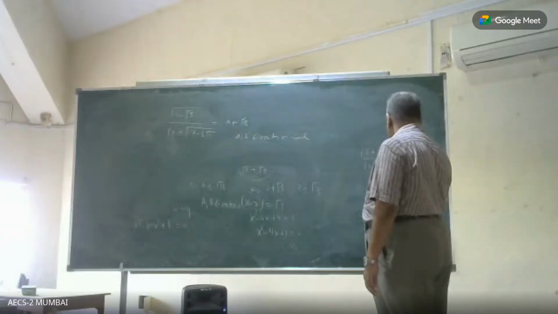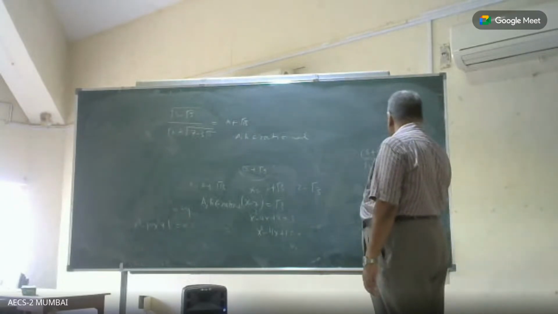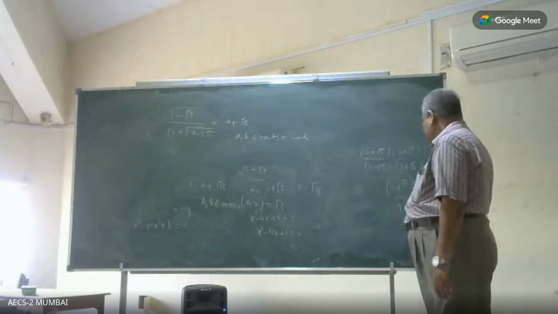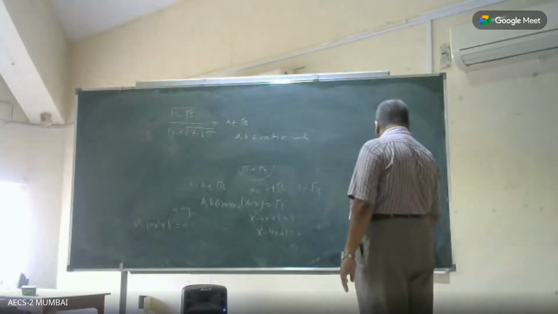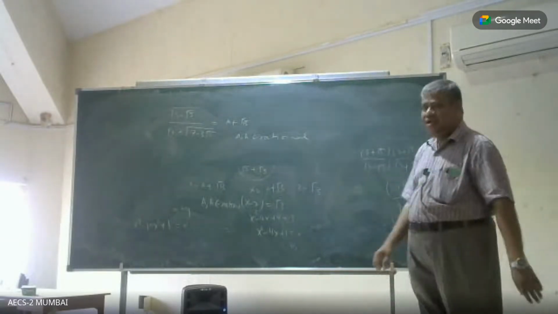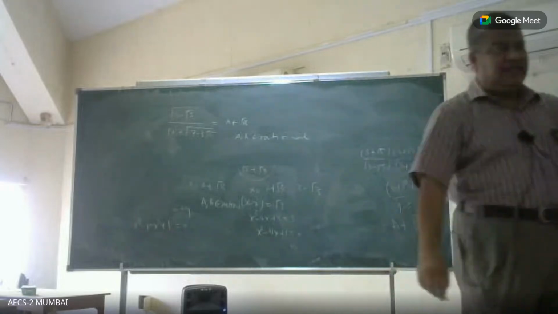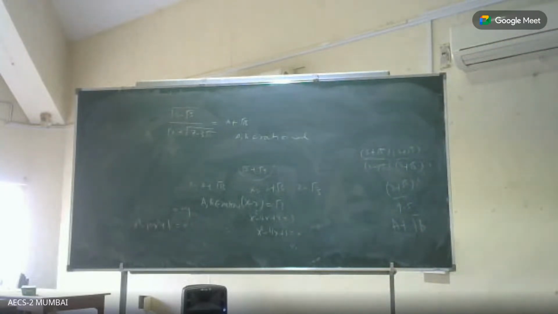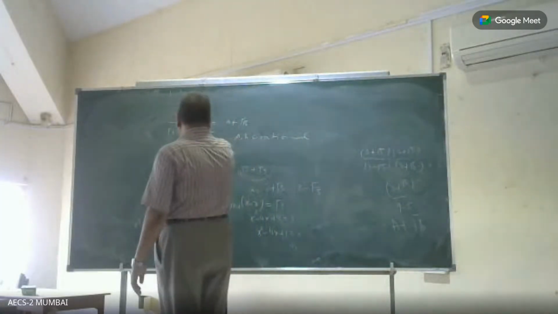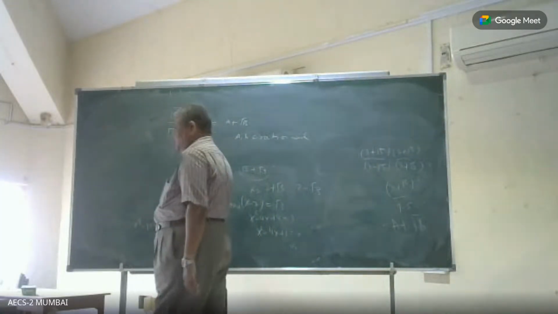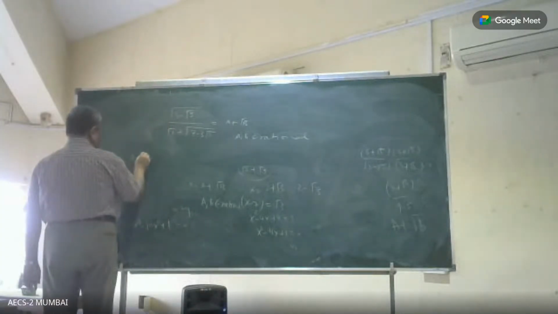So this will be 3 plus root 5, and this will be 9 minus 5. So you open this, and you can again write this surd as a plus root b. Generally what you are told is to multiply up and down by the conjugate. But this conjugate thing doesn't really help in solving difficult problems. So what helps you is to find the square root of this.